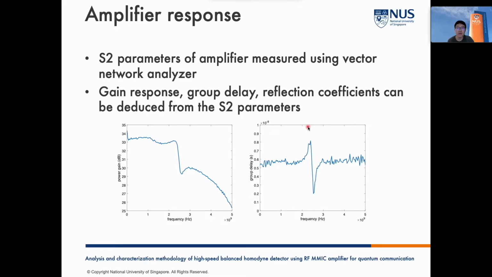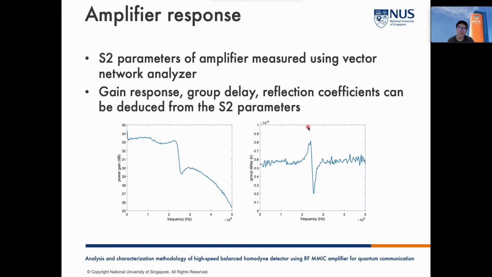The first thing to characterize that we think is important is the response of the amplifier, which can be represented by the two-port scattering parameters, S2P parameters for short, which can be measured using a vector network analyzer. From these S2P parameters, one can deduce the gain response, the group delay, reflection coefficients, and other parameters, which show how the amplifier changes the voltage time series of the output.